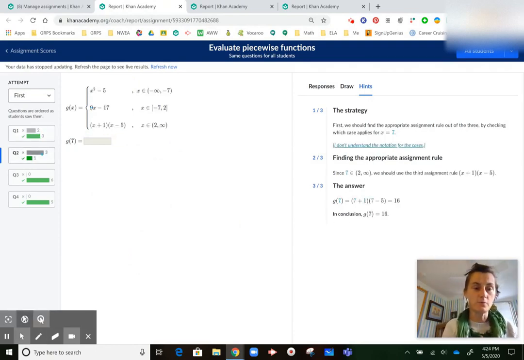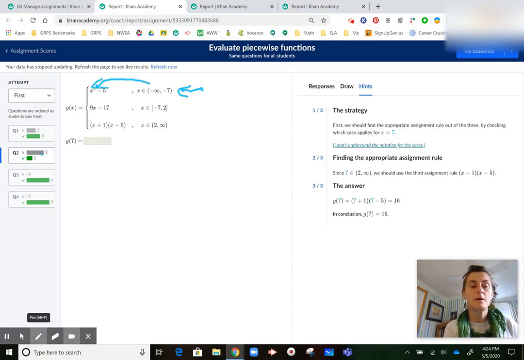Second example. This one looks a little bit different. So let me focus on domain. This domain, first part, it says this function is only looking like this when x is between negative infinity and negative 7.